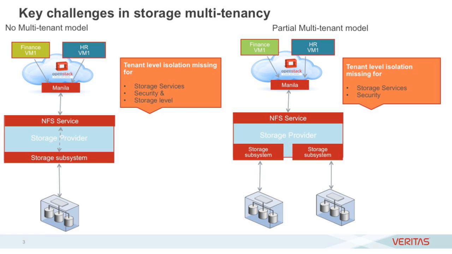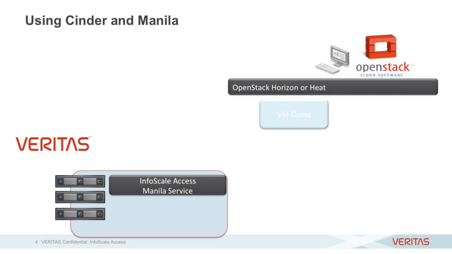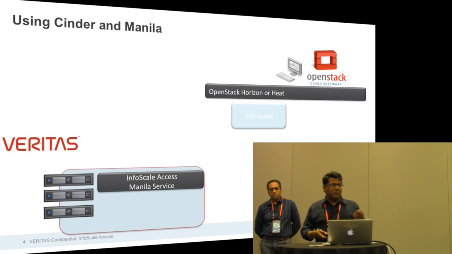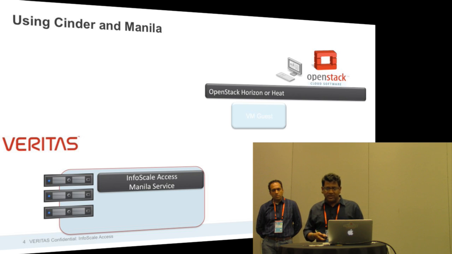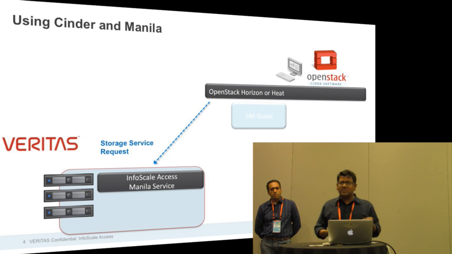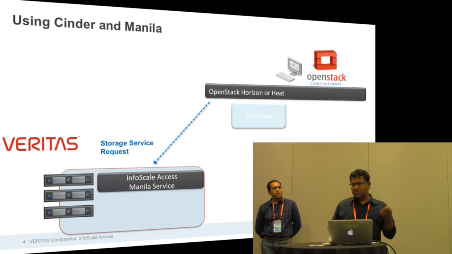So in Veritas, this is a separate product we have been working on, and we are going to talk about it in a few minutes. As part of that product, we are providing a persistent block-based backend through Cinder for OpenStack and a file-based backend through Manila. For Manila, let's say the storage service request comes in from OpenStack through Horizon.